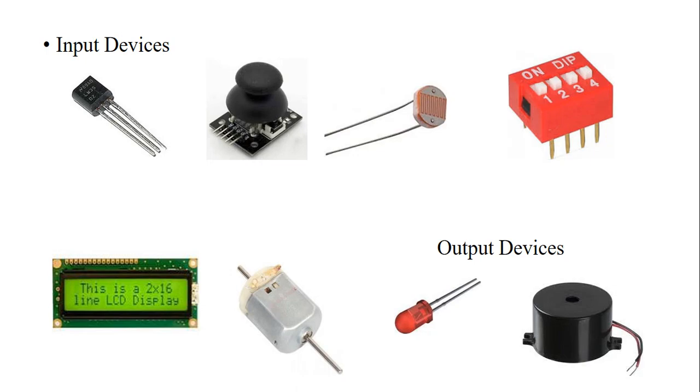LCD is to display the data that has been executed. Motors are used in automation. LED is used to display or indicate something, whether it is high or low. A buzzer is also an indication: LED is for visible indication, whereas a buzzer is used for audible indication.